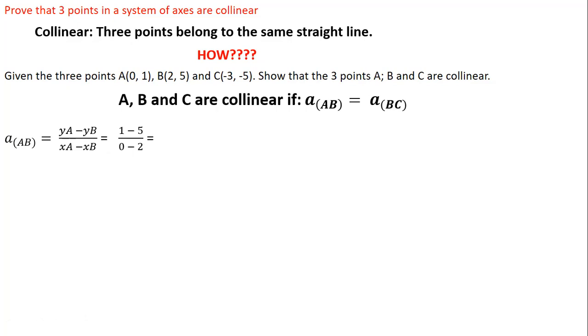Minus 4. 0 minus 2 is minus 2. I should simplify the fraction, minus 4 over minus 2. Negative over negative is positive, and 4 over 2 is 2. So the slope of line AB is 2.